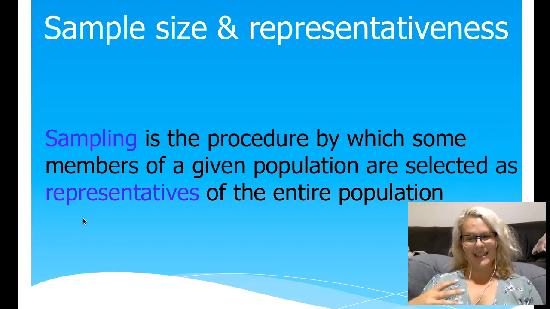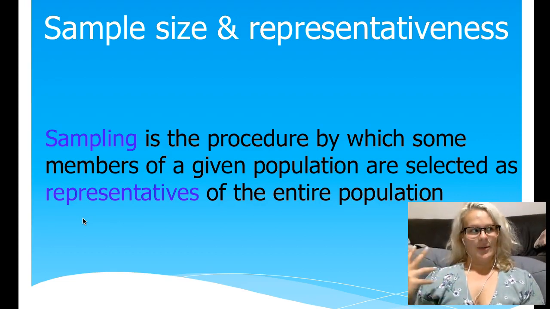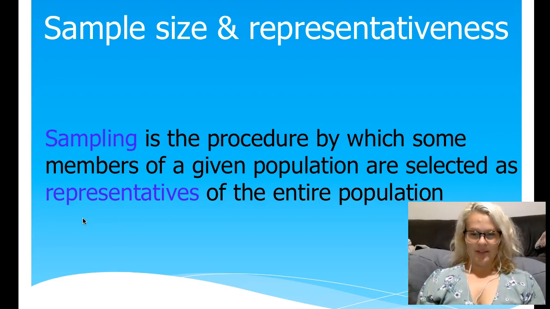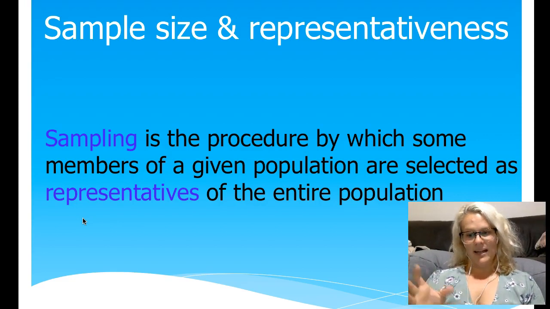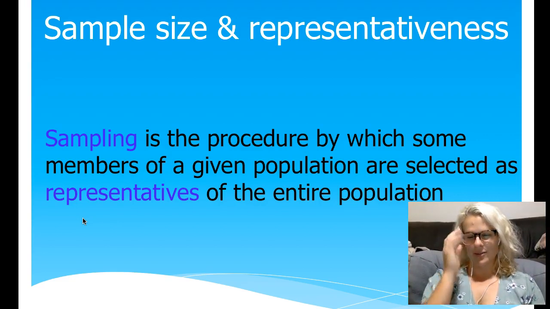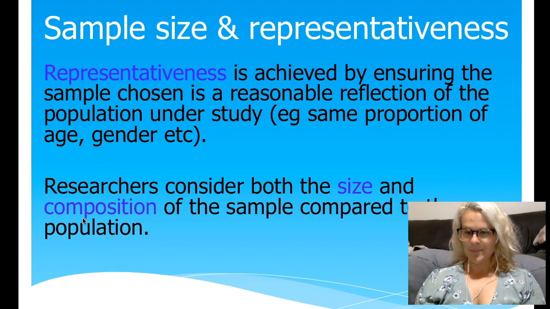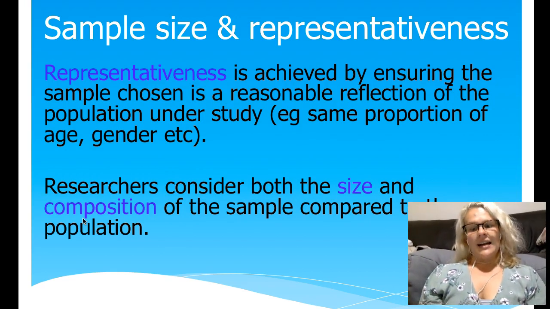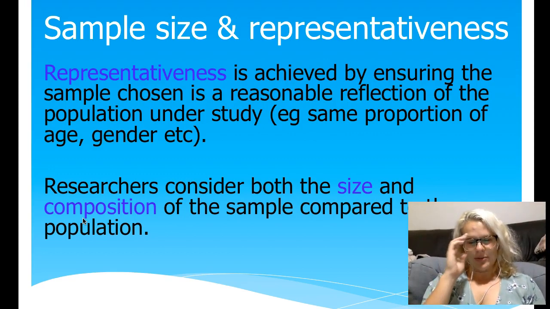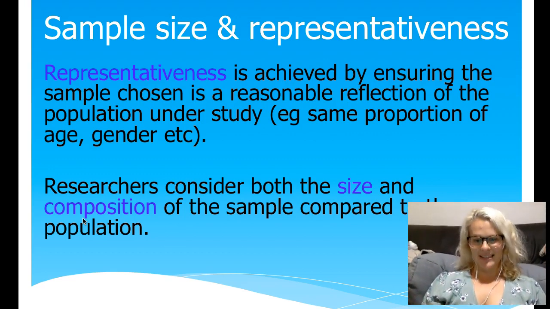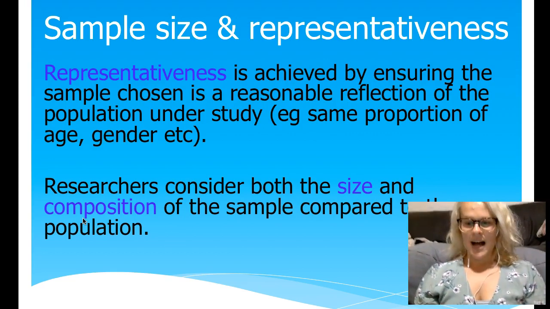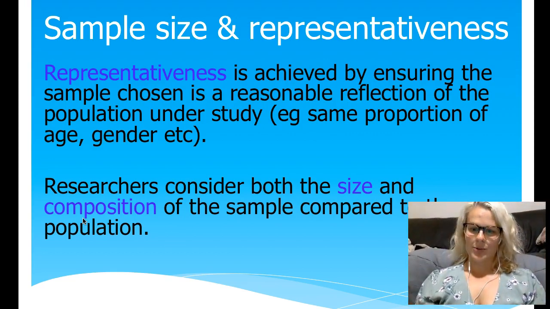So if I'm doing year 12s everywhere, then I need to make sure that I'm including an even amount of females, an even amount of males, a wide cultural balance, a wide religion balance. I need to make sure that I am representative of everyone in that population. And I need to make sure that it's big enough to be able to apply it as well. If I'm applying it all over the world, for example, I'm going to need more than just the 24 people in our class.